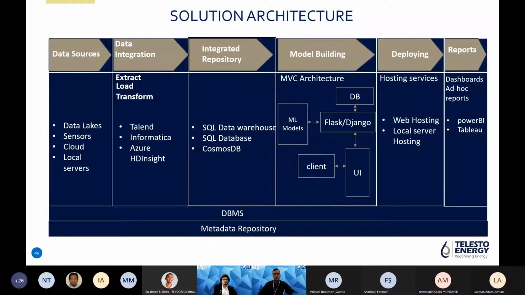So the models are very key. How you build your models, there are a number of ways you can do it. Machine learning models generally all come under the deep learning architecture. So one has to use tools like TensorFlow, Keras, Python, PyTorch, and Flask and Django for the backend.